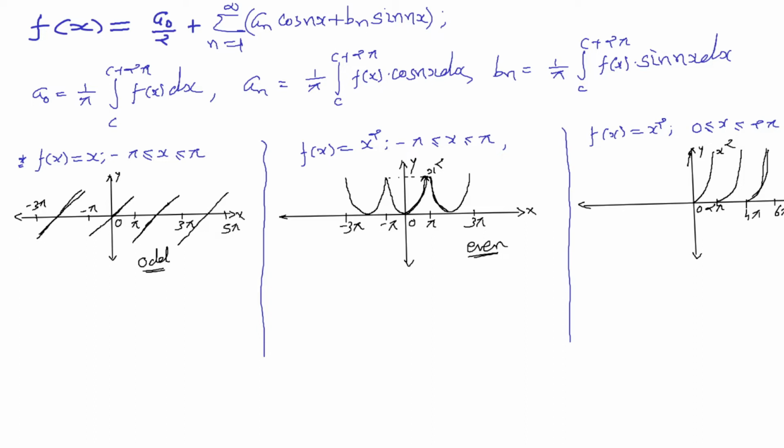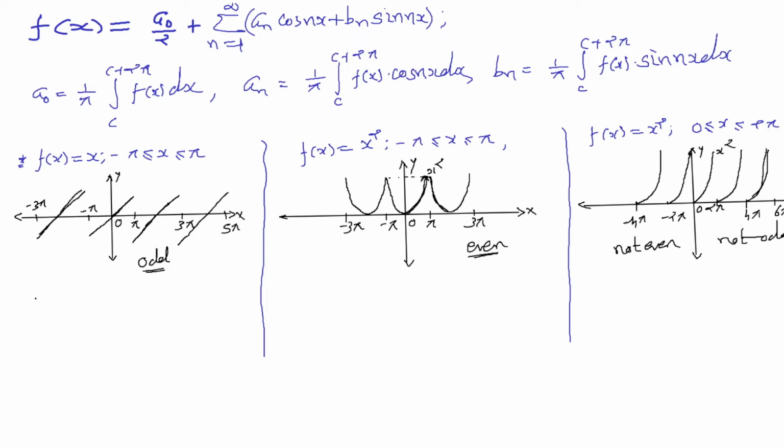Here we have the curve from minus 2 pi to 0, right? Then minus 4 pi to minus 2 pi, we have this kind of curve. So this is the periodic function f of x equal to x square, right? This function is not even, not odd. So this is neither an even nor an odd function, right?